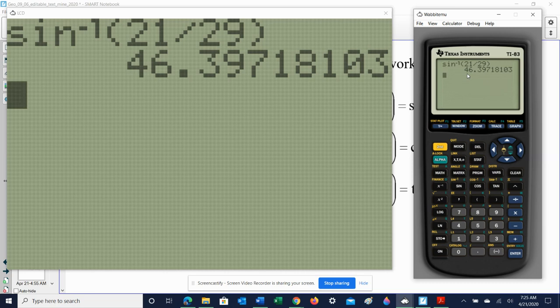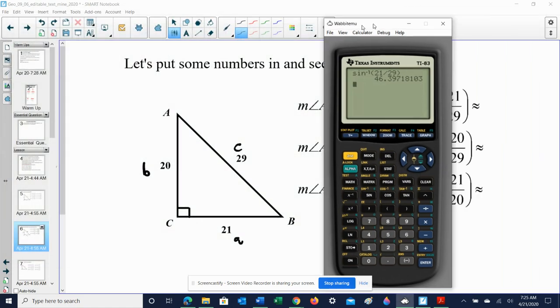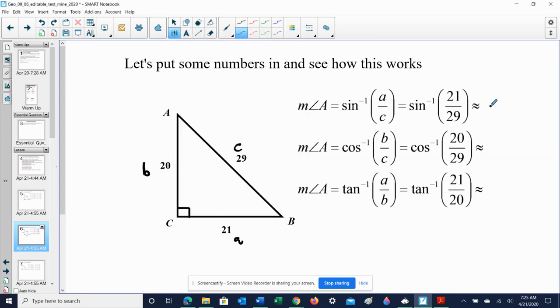To the nearest tenth, angle A is equal to 46.4 degrees. Right from the calculator.